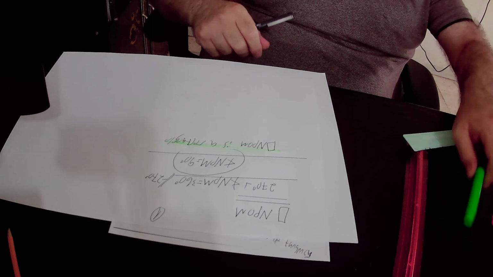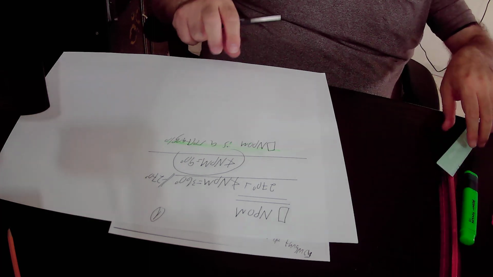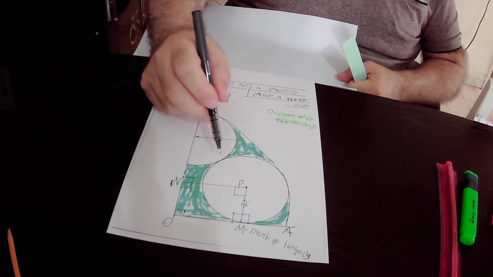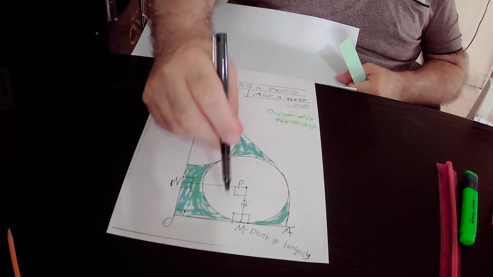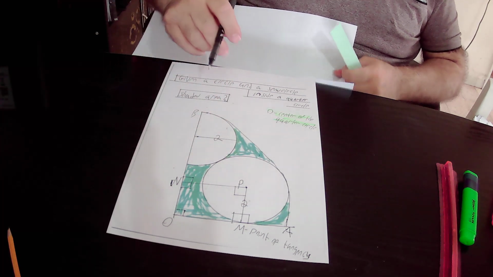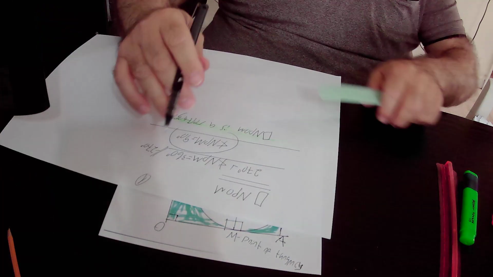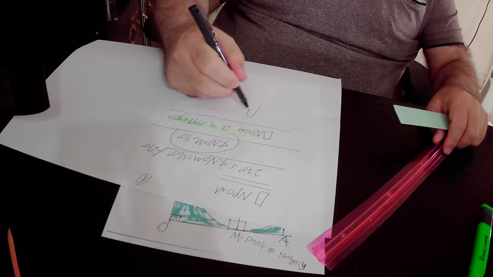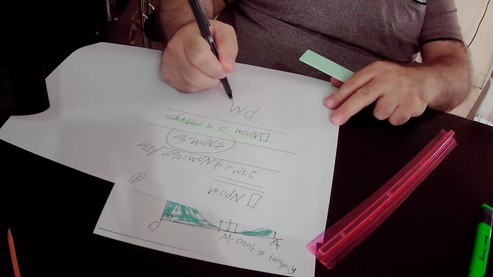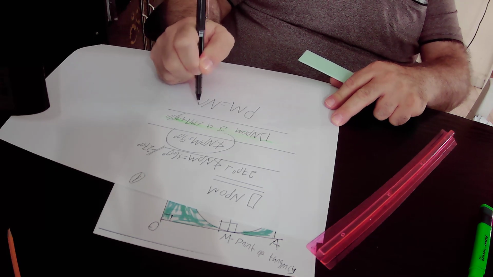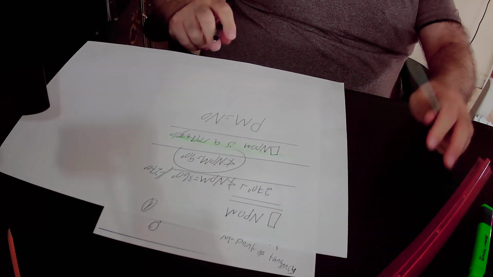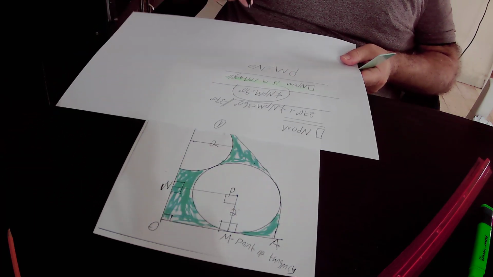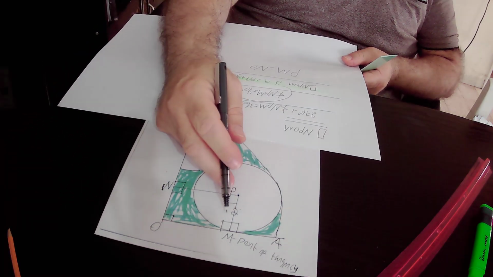But we also know that the opposite sides of a rectangle are equal to each other. So in rectangle NPOM, side PM must be equal to side NO. PM equals NO. But we know that PM equals 2 units.